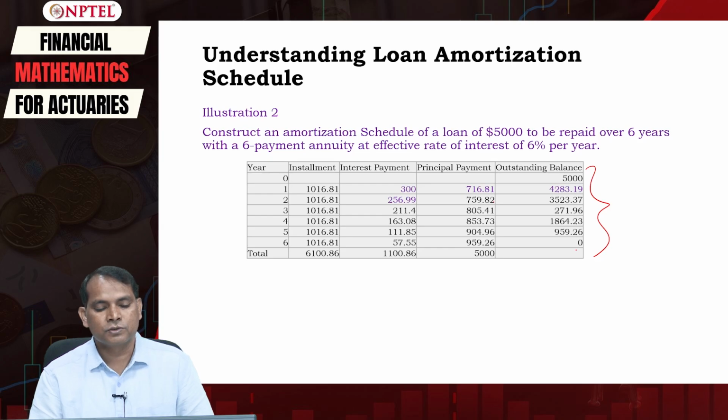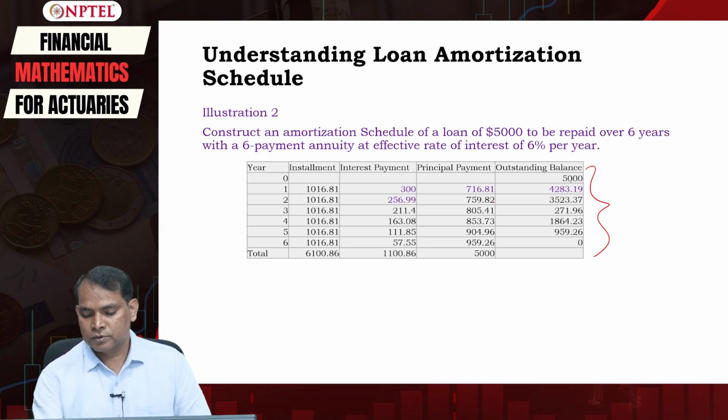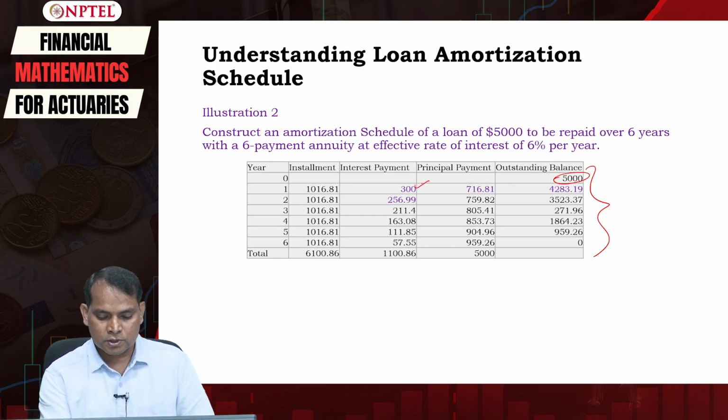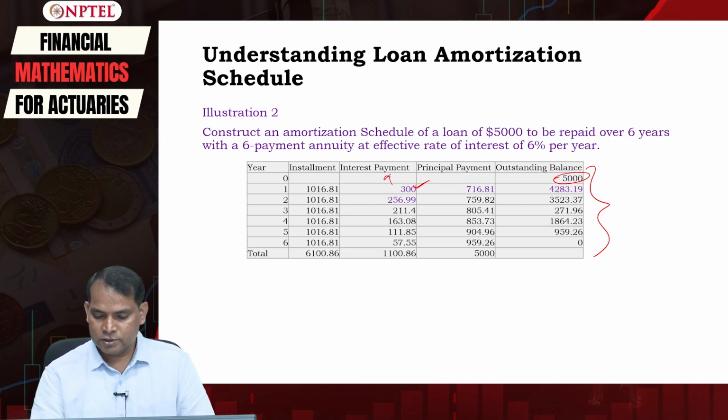This table is known as the loan amortization schedule. Here you can see that this is the initial loan balance, that is 5,000 rupees, and 6% of this is equal to 300, which will go towards the interest payment.